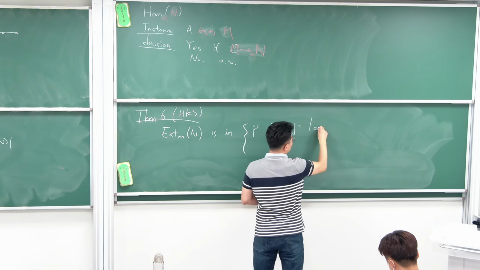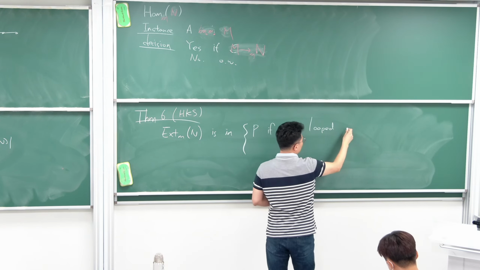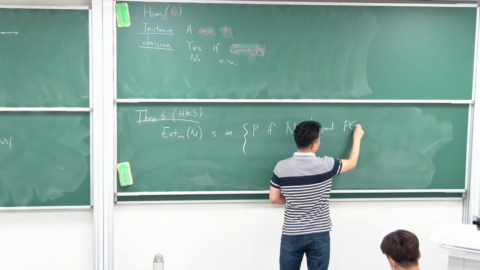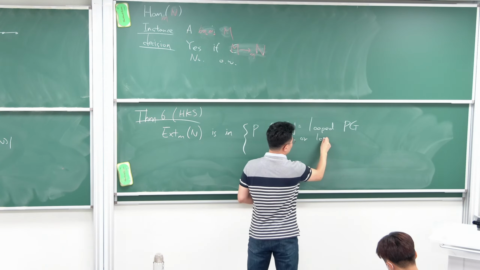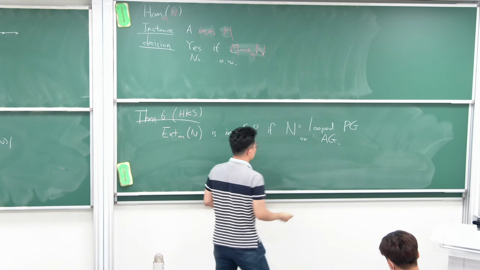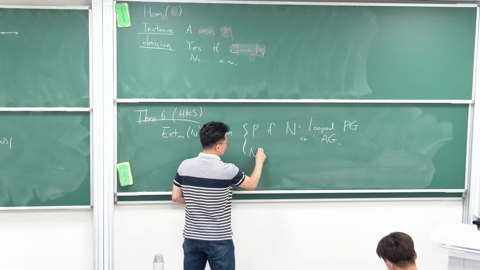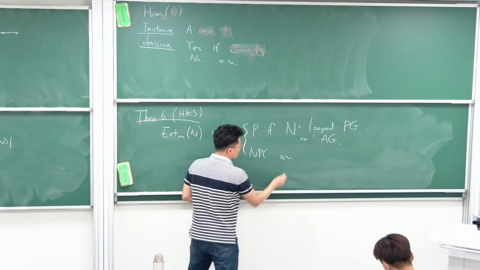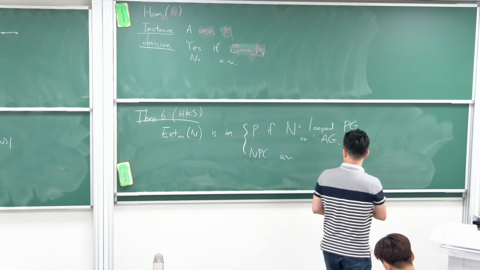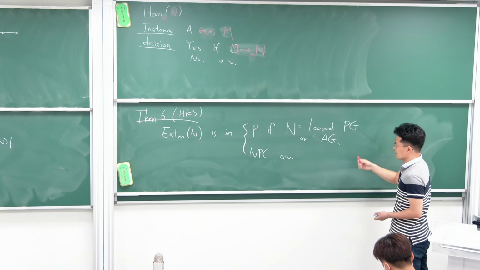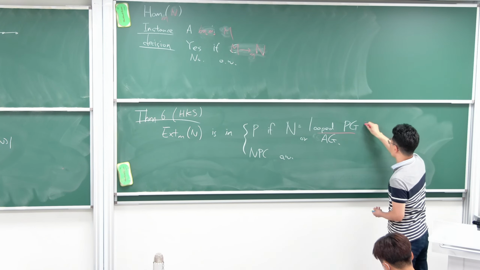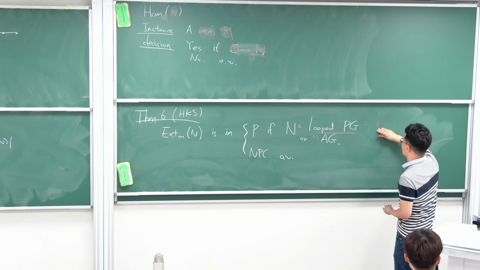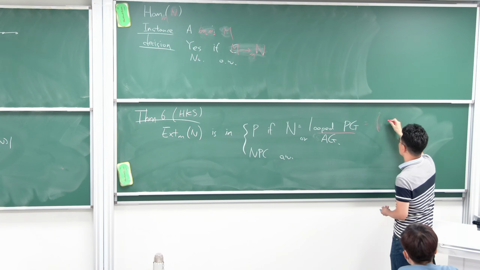Either a loop, projective geometry, or affine geometry. One easy way to think about this is as a vector space.